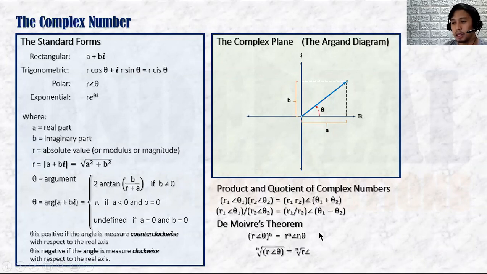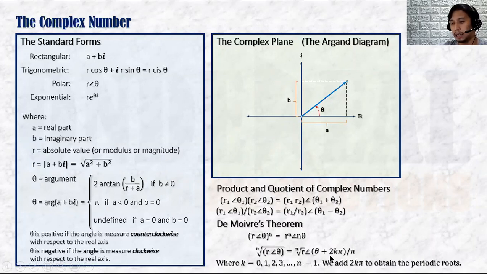Now, if we are to take the nth root of R angle theta, its result is equal to the nth root of R angle theta plus 2k pi all over n. Now what is this k? This k is equal to 0, 1, 2, and 3 up to n minus 1. We add that 2k pi to obtain the periodic roots.